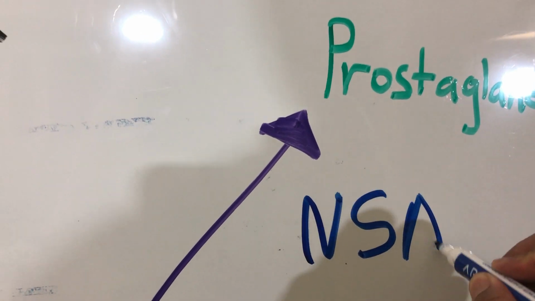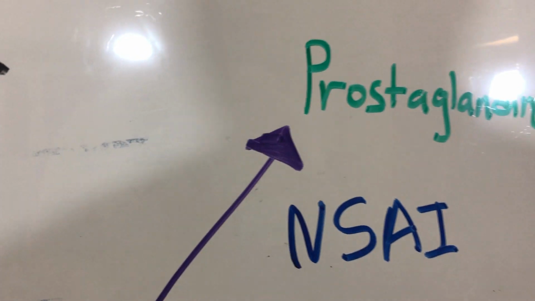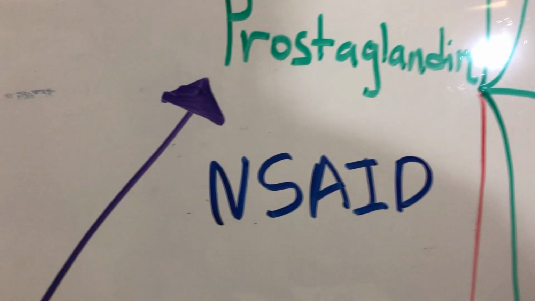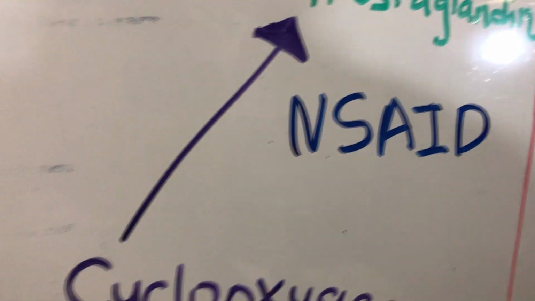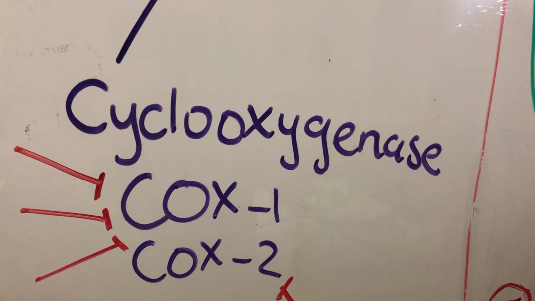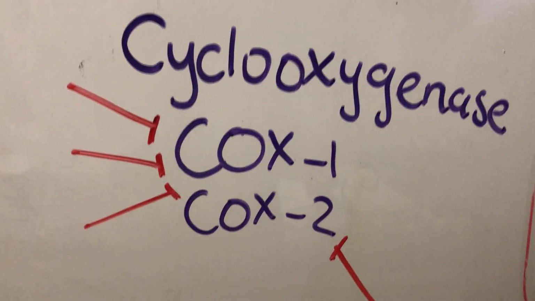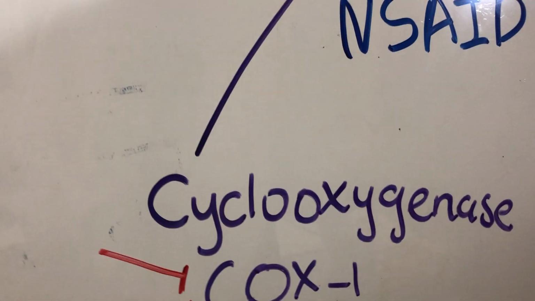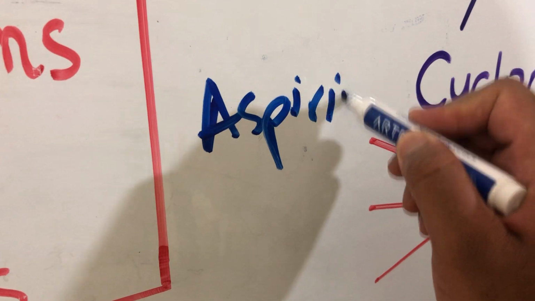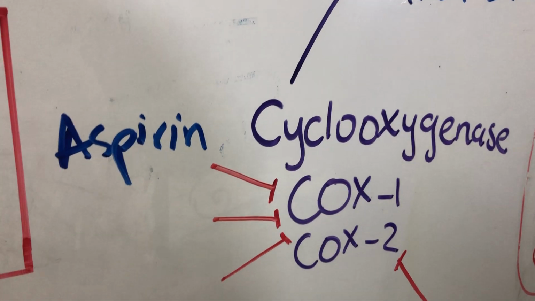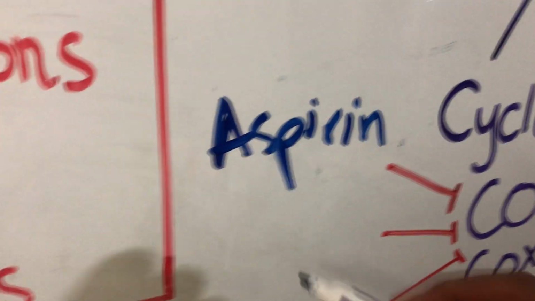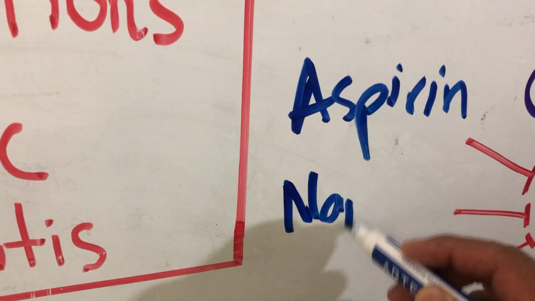NSAIDs are non-steroidal anti-inflammatory drugs. What do they do? They block a very important enzyme called cyclooxygenase. There are two types, cyclooxygenase 1 and cyclooxygenase 2. Aspirin blocks COX-1, in addition to naproxen.